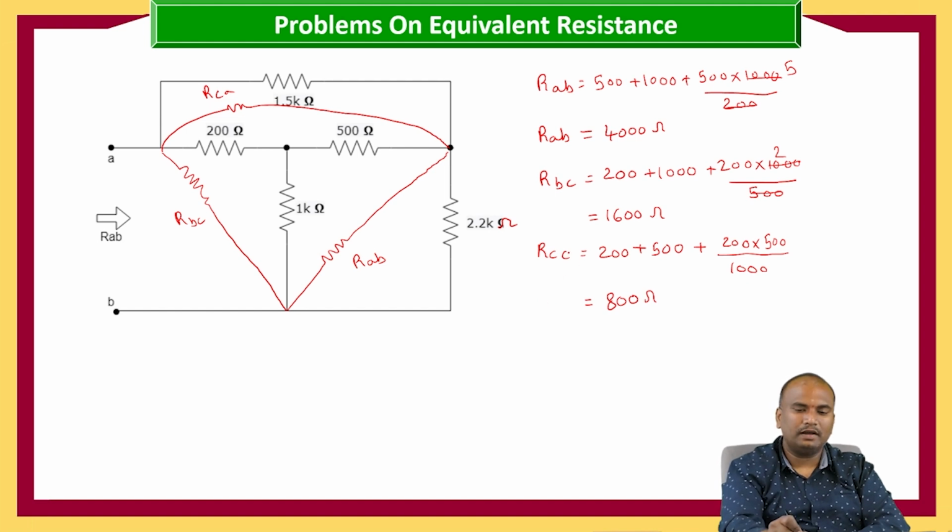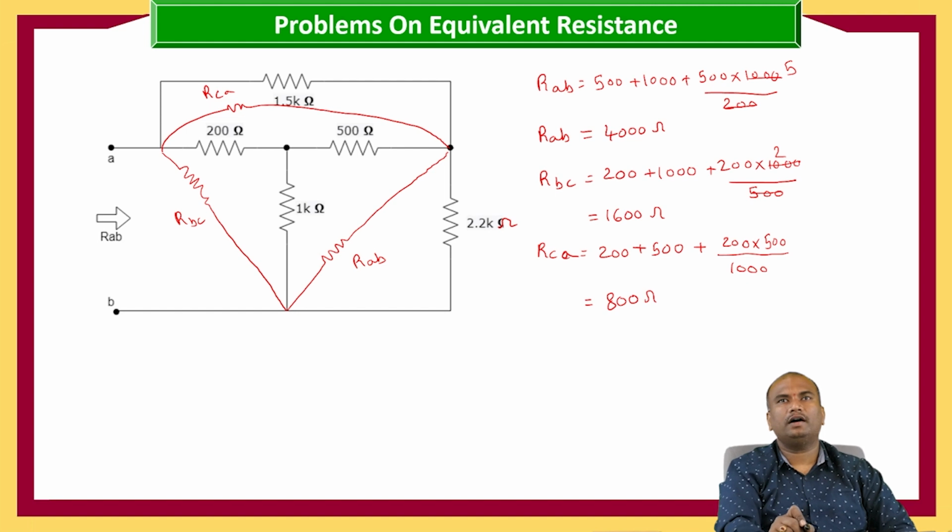So this is the RCA value. Now we got RAB, RBC, and RCA.